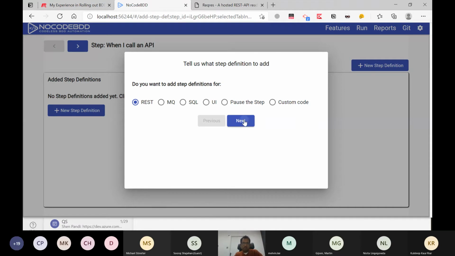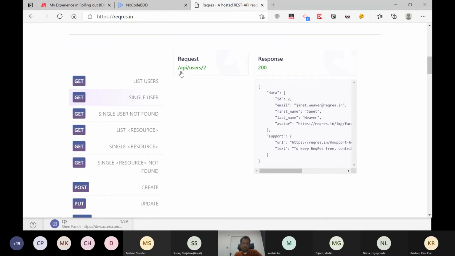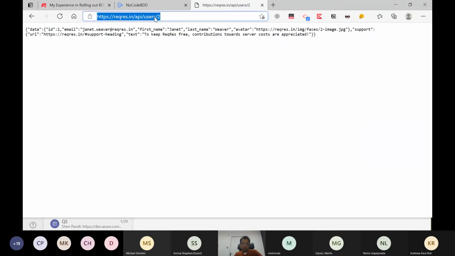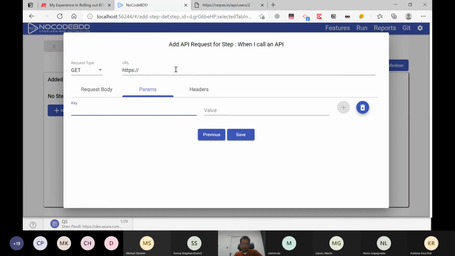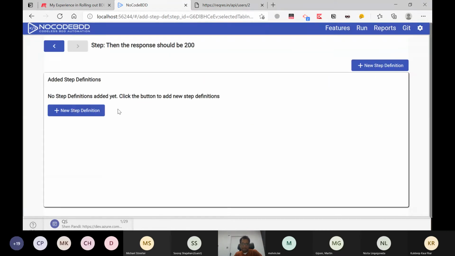So in this case, I'm just going to show you the REST API. I'm just going to send an API request. As you can see, the interface is very similar to Postman. So I'm just going to use a simple API. Save, and I go to the next step.